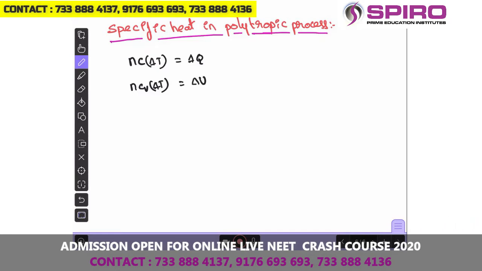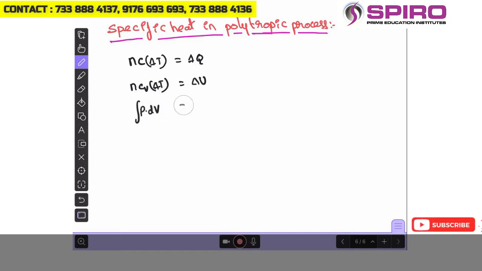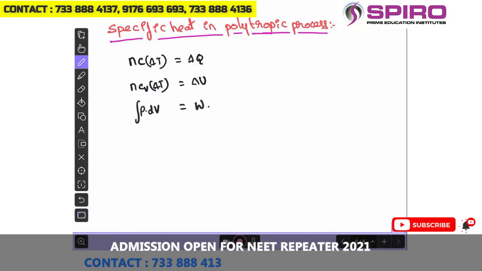and work done is integral P dV. Integral P dV is the work done, right?